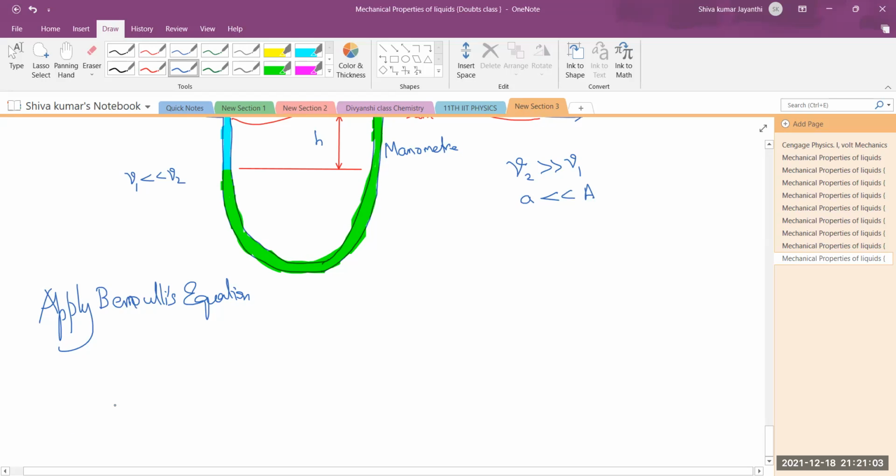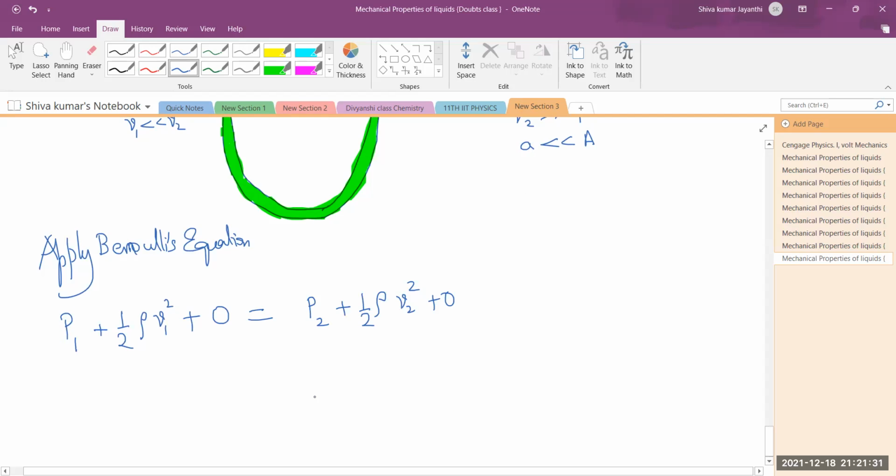The pressure at this point is P1 plus, as I told you, there is no height difference, only kinetic energy will be there, half rho V1 square, plus there is no potential energy, so I'm writing 0, is equal to that side, some pressure P2 plus half rho V2 square plus there is no height difference. Yes, you understand that. Now we very well know what V1 and V2 are.